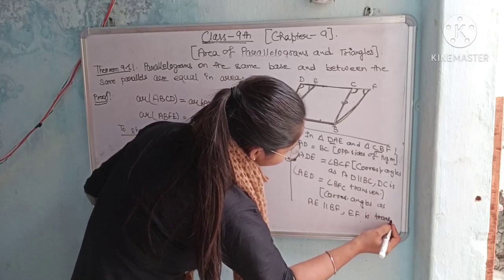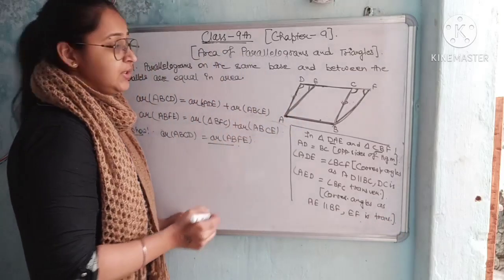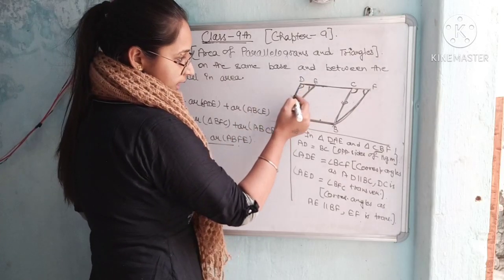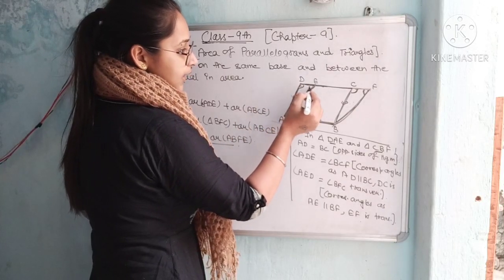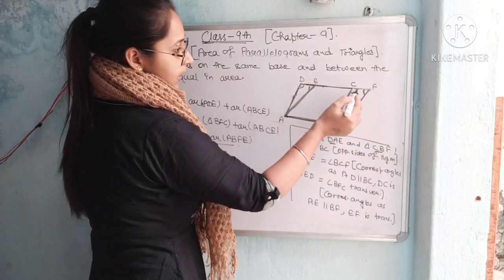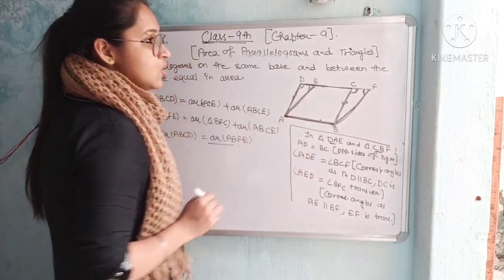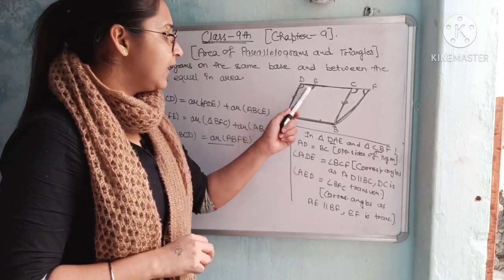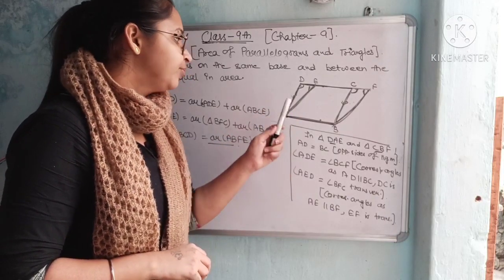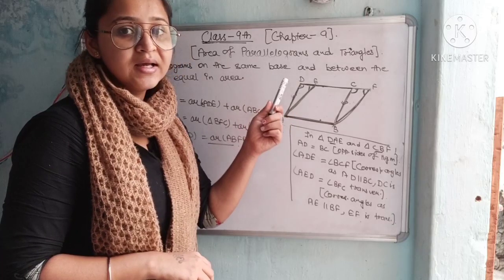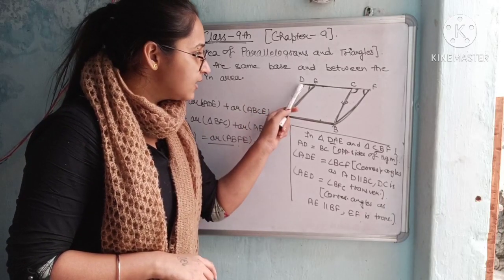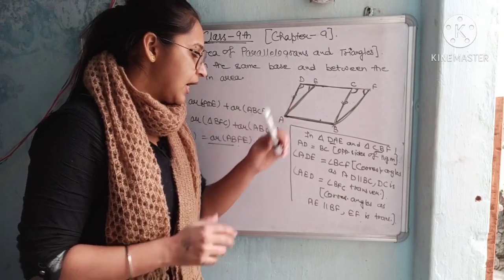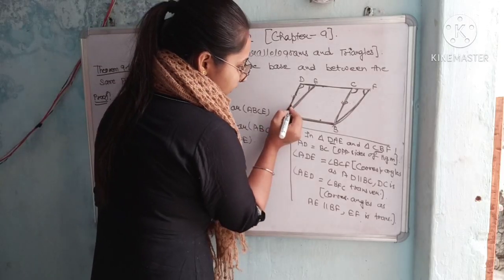So which rule will be applied here? First of all, see this angle and this side. So angle, side. You can apply angle side angle also. Why? Because an angle is given, a side is given, and one angle will be lying here.